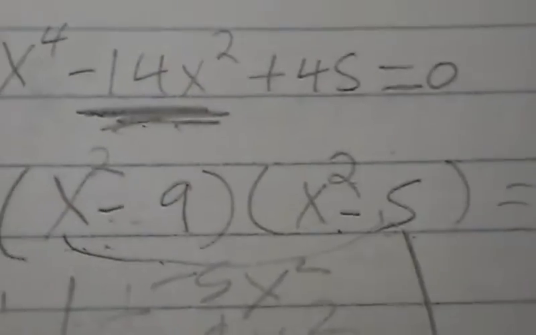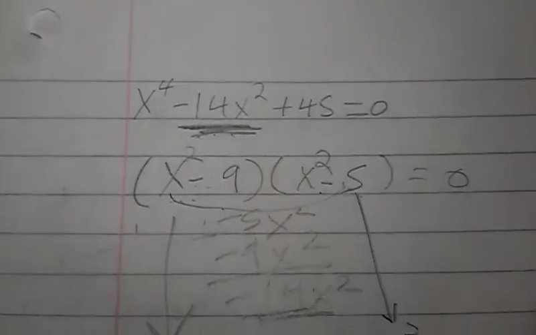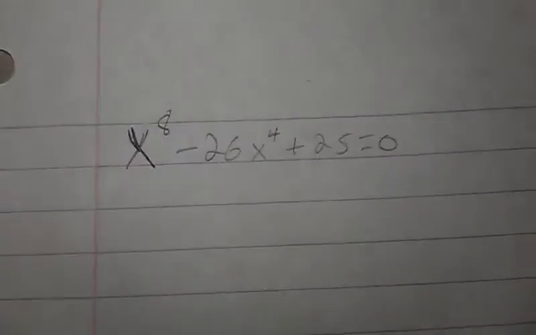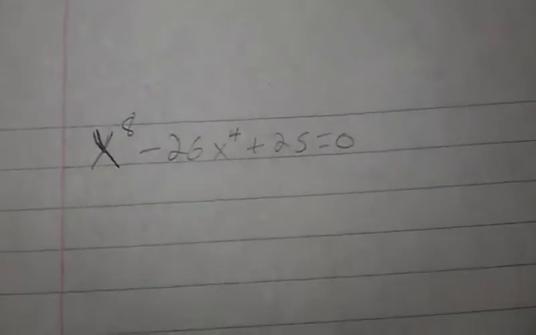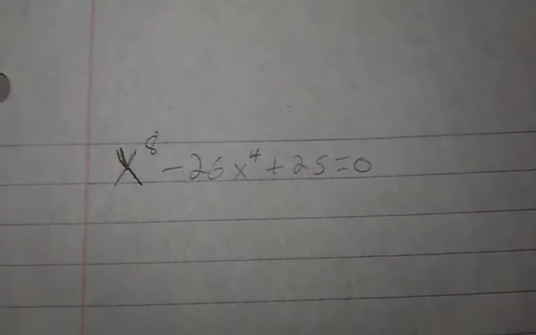Alright. Let's zoom out here. Excellent. Perfect. Bear with me. Let's go with our last example. Zoom in. It says here we have x to the 8th power minus 26x to the 4th power plus 25.